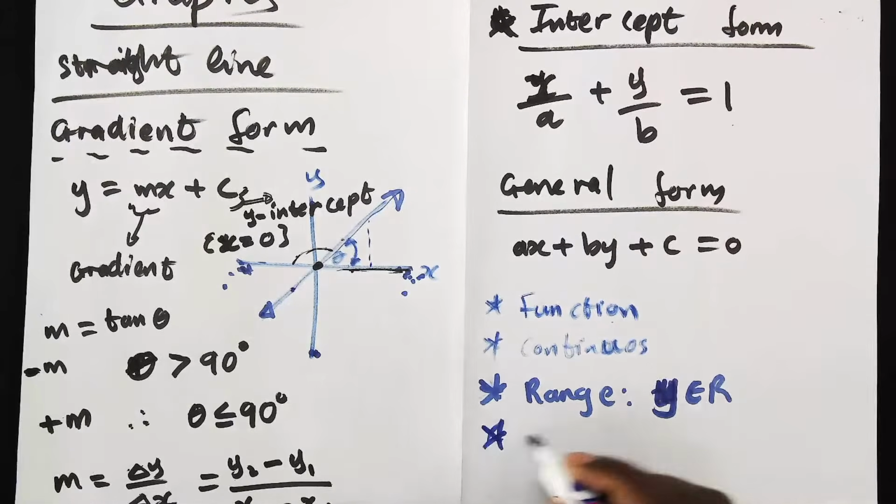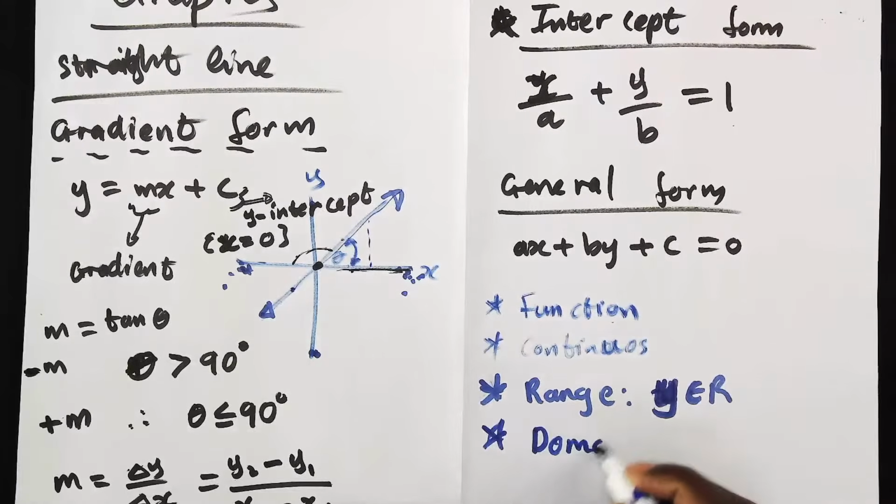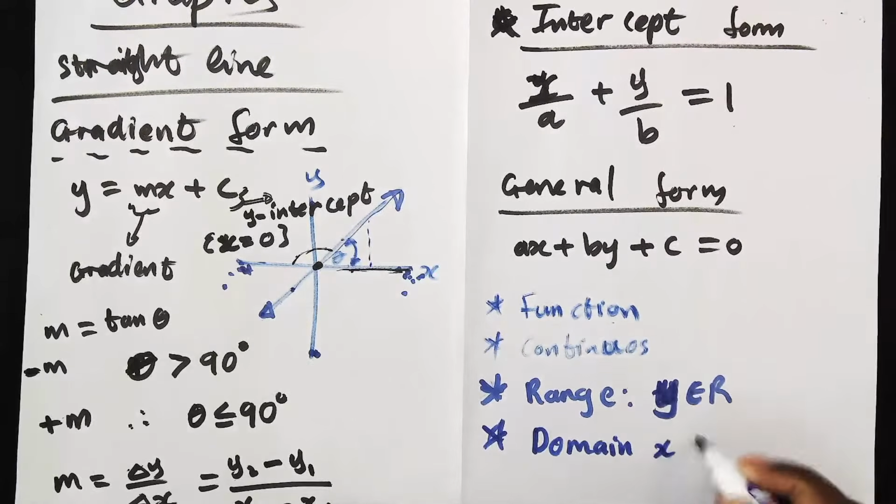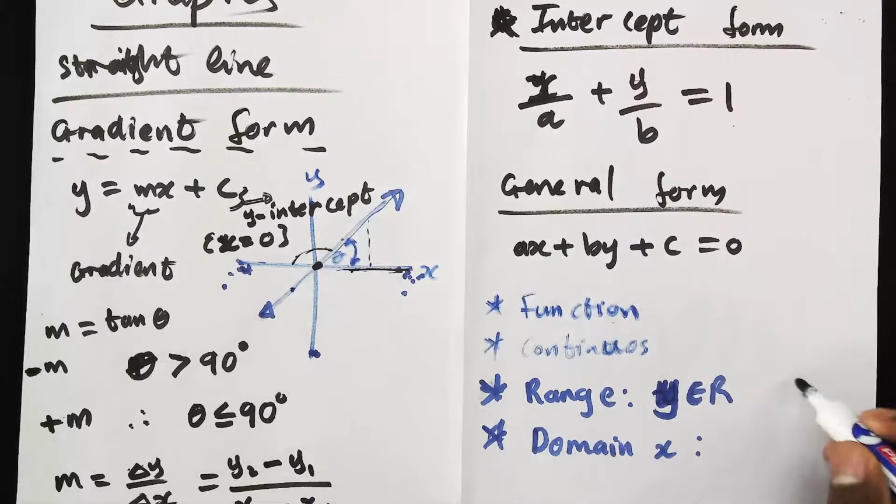As I was talking about domain, we're talking about the x values, isn't it? For this one, it's all elements of real numbers, or sometimes you can say it's from negative infinity to positive infinity.